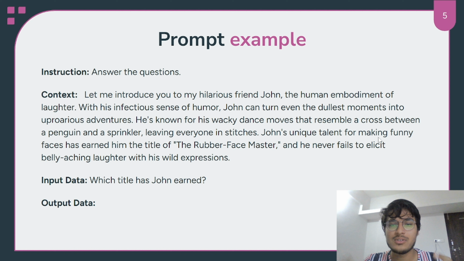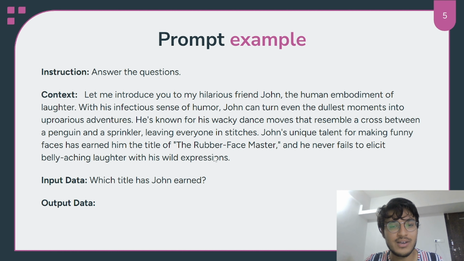Let's suppose we are trying to ask ChatGPT a question about John, and definitely ChatGPT will not know about John, but we can provide some context to ChatGPT like this. Let me introduce you to my hilarious friend John. This is some knowledge. We are externally providing some knowledge to the model. Then the model will study it, and it can answer questions like which title has John earned.